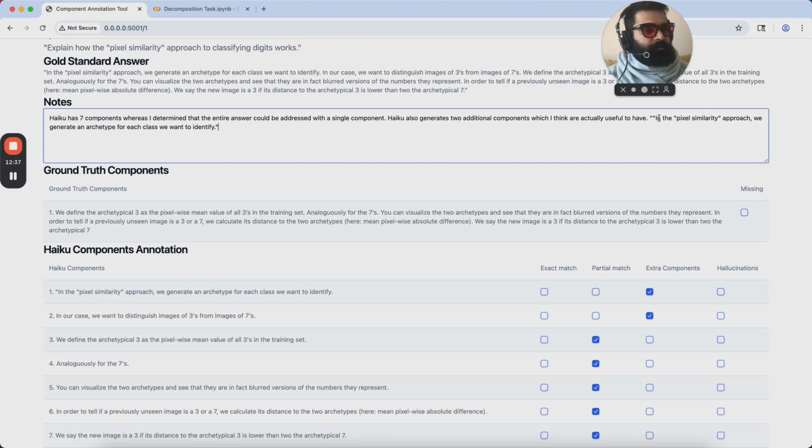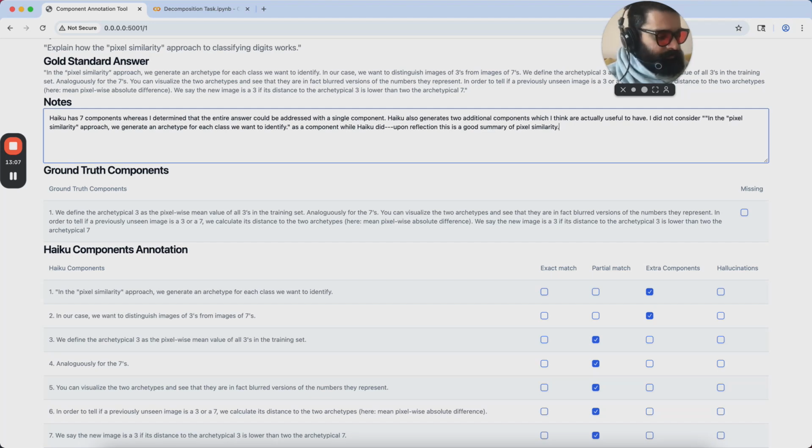So I'm going to say, I did not consider that as a component, while Haiku did. Upon reflection, this is a good summary of pixel similarity.